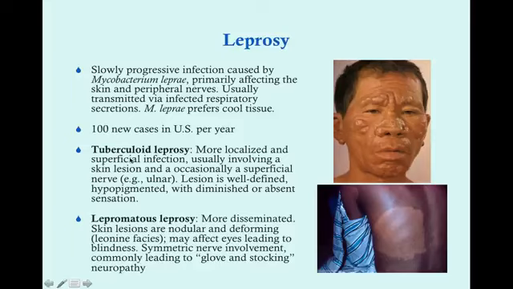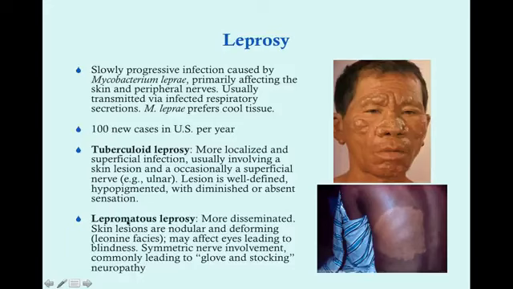Oh, and so why is it that some people are exposed to M. leprae and get tuberculoid leprosy, and why do some people get lepromatous leprosy? It's the same pathogen. It just so happens that some people are able to mount a response against Mycobacterium leprae. So if you are able to mount a better cell-mediated response, you're more likely to get the tuberculoid version.